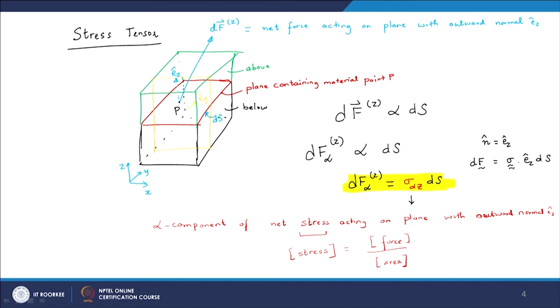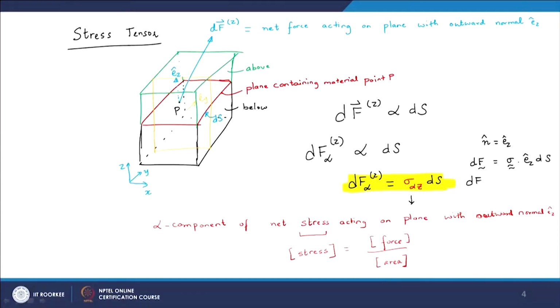Sigma dot Ez will give a vector where only the Ez components remain, and then if I look at the alpha component of this, it will retain only the alpha part of sigma. So, we will have something like sigma alpha z ds.